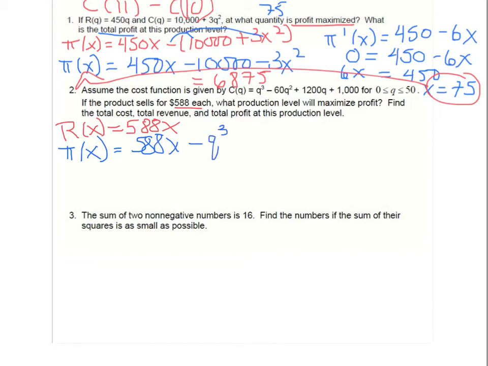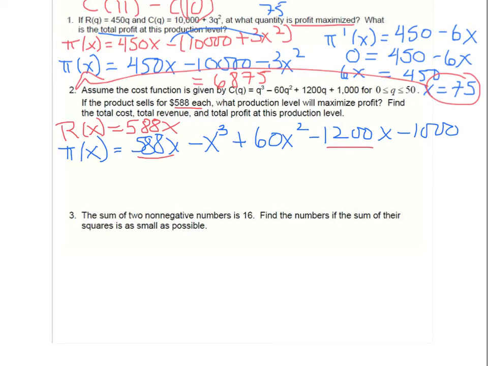So I'm going to distribute the negative, and I should be using x. I'm going to distribute the negative as I write it. And then I can combine the like terms of 588 and negative 1,200.